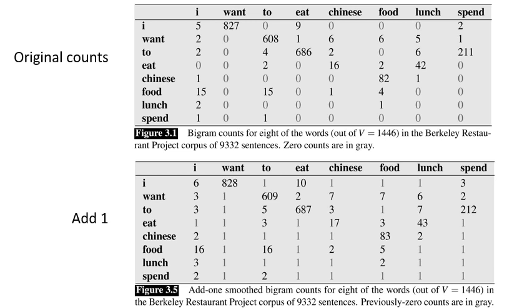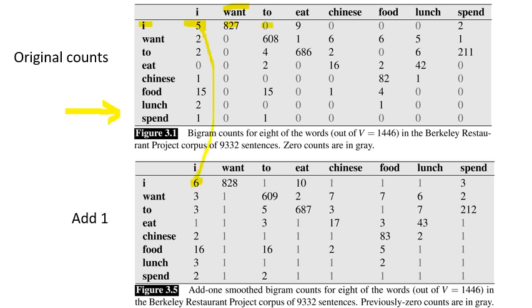This is the original counts table that we've seen before. I followed by the word want is 827 times. As the name suggests, add-one smoothing is very simple. You just add 1 to each of these bigram pairs. So here you see the number 5, now it becomes 6.